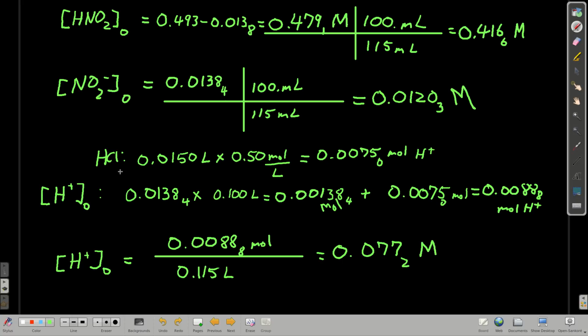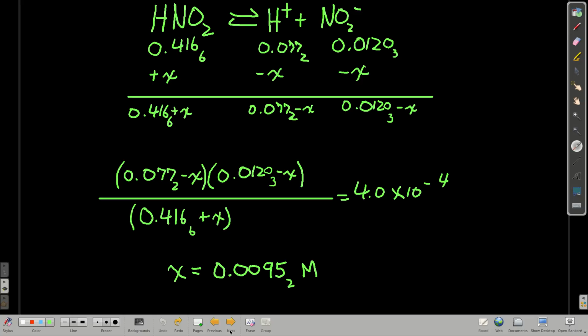And from the hydrochloric acid, we have 15 mL or 0.0150 liters, and it's 0.50 molar. So we have this many moles of H+. So we add those moles together. That's how many moles initially we have of H+ in that beaker. And the volume is 115 mL or 0.115 liters. So our initial molarity of H+ will be 0.0772 molar. All right, got all that?